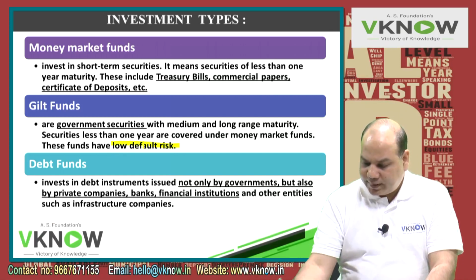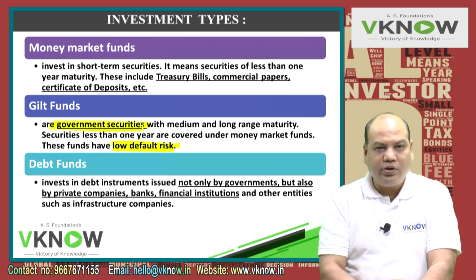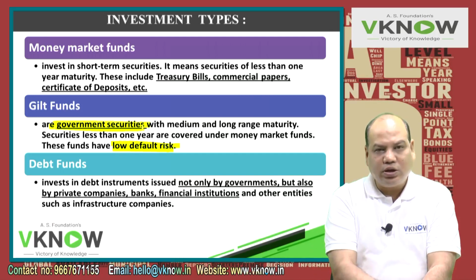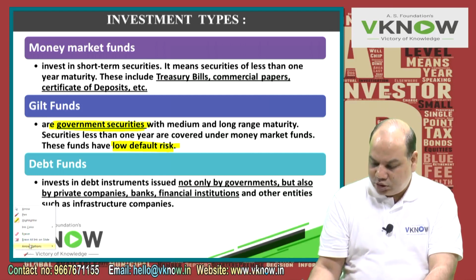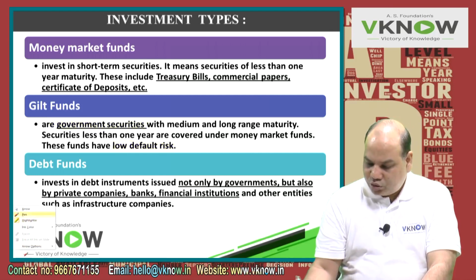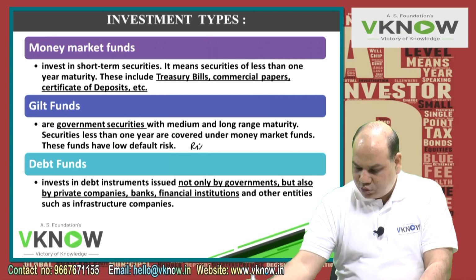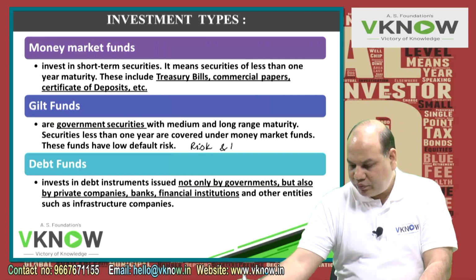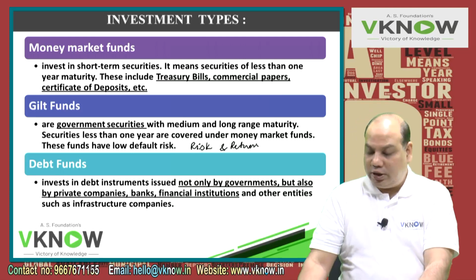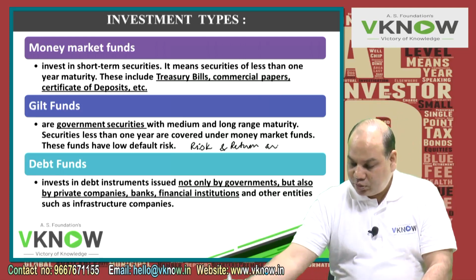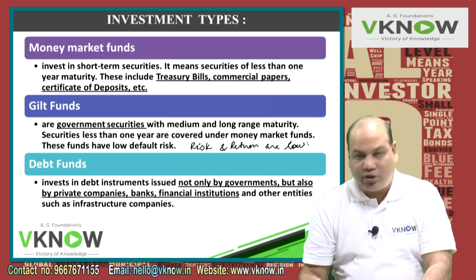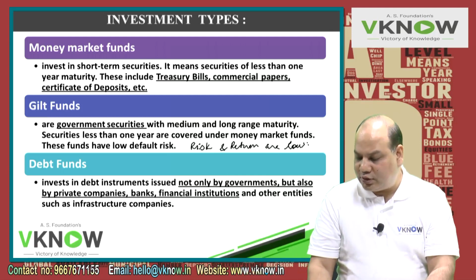Because they invest mostly in government securities. Risk is low, returns are low. So good for those people who do not want to take high risk. Many investors put some portion of their total money in gilt funds because they don't want to lose the principal amount. So mostly the risk is very, very low.